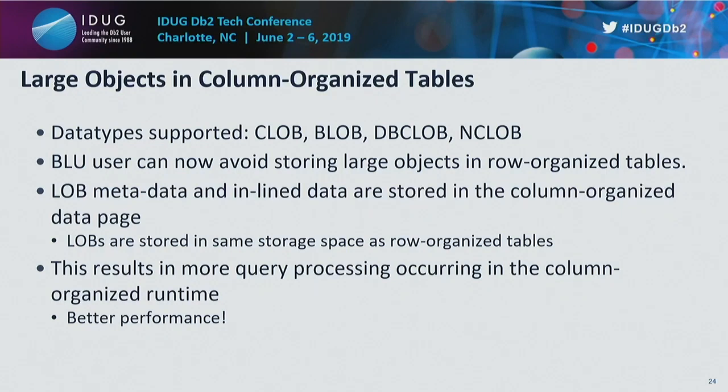And the way it works is very similar to row organized tables. The LOB metadata and any inlining will be stored on the column organized data page, and then the rest of the LOB data will be in the same storage space that's currently used for row organized tables.